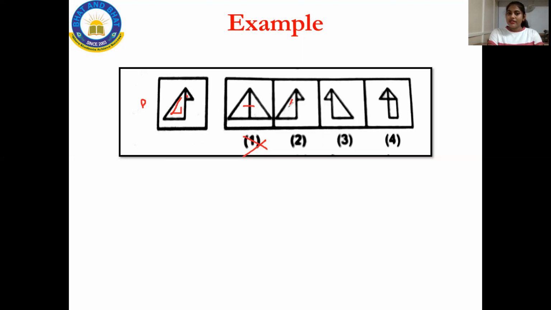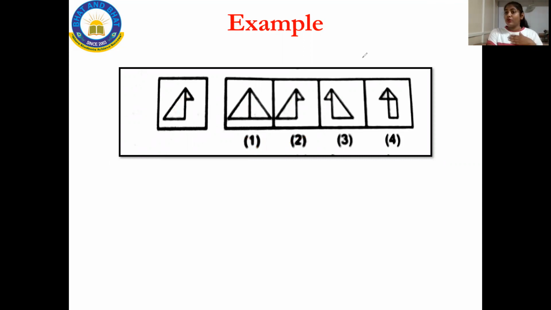See, a right angle triangle and the small triangle. Yes, it is the answer. Now coming to this one, why is it not the answer? Because the small circle is towards the opposite side, so it is not the answer. And the fourth one is a different figure, so it is not the answer. This is how we have to find it.